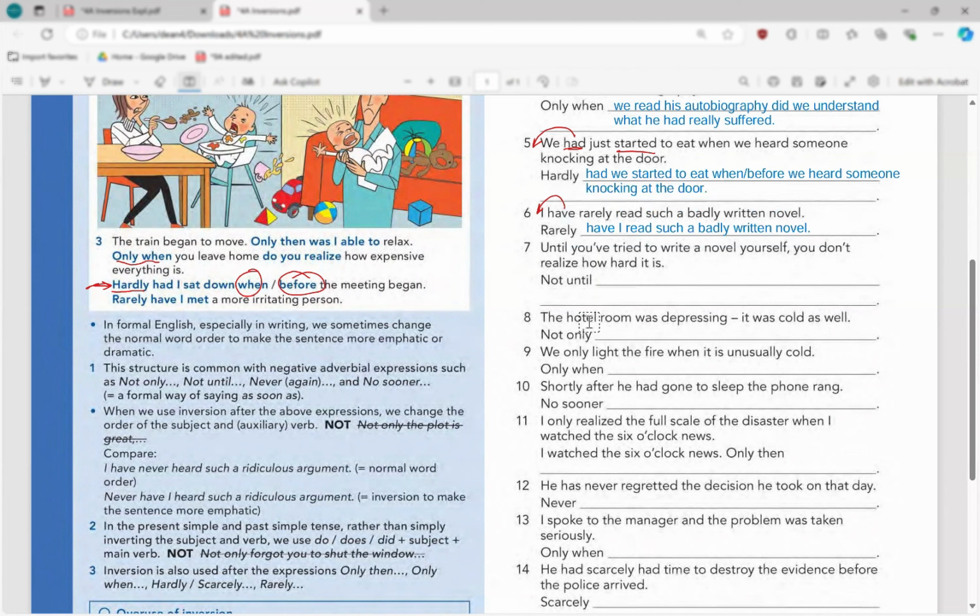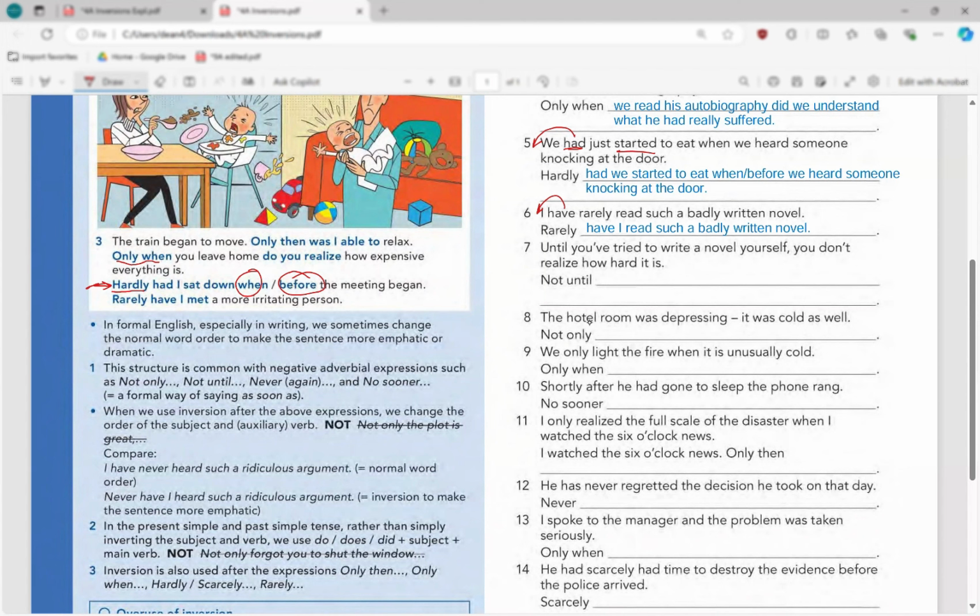Number 7: until you've tried to write a novel yourself, you don't realize how hard it is. Again, as I said, with not until, the first clause is not going to be affected by inversion. Inversion is going to affect the second part.